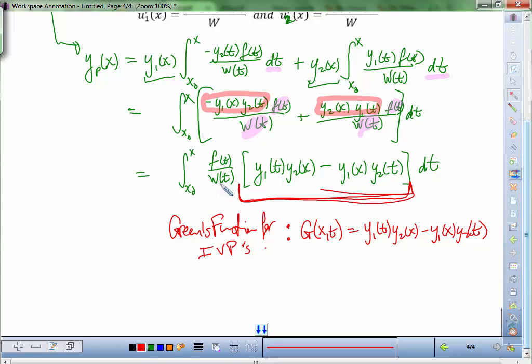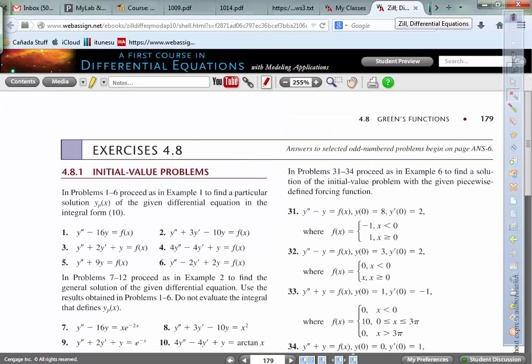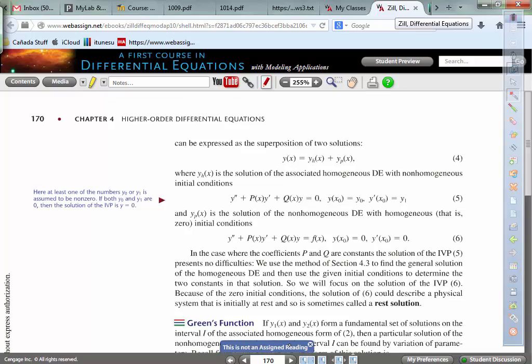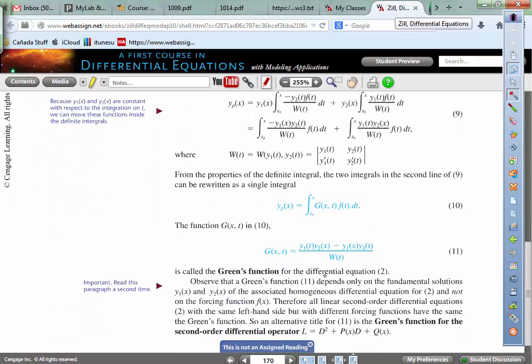Oh, that's inside of the, did they define the, oh, they put that, okay. So they decided to keep the f of t out, and then, okay, let's do that. Sorry.